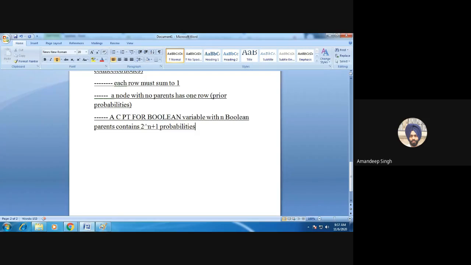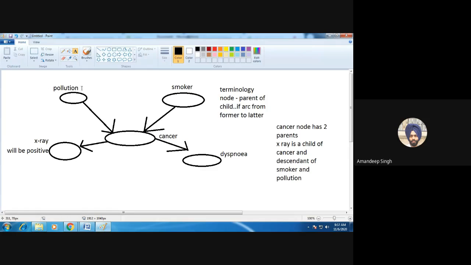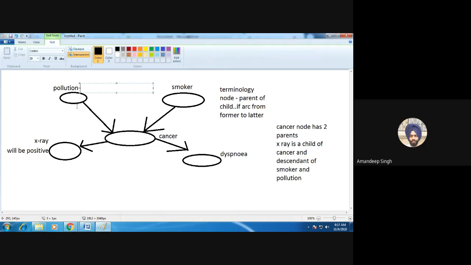Now for the pollution, this is basically a category of low, medium, and high, that we have described in our example statement.